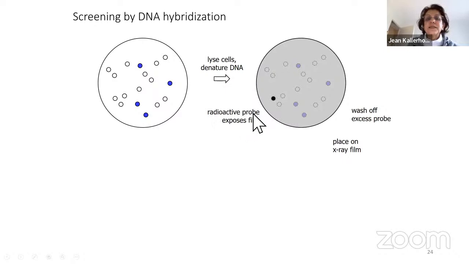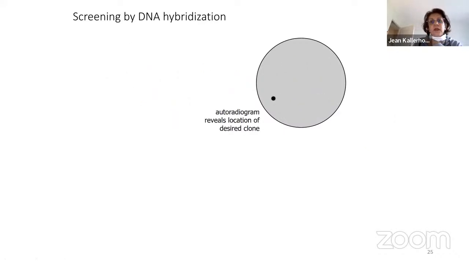It will be a radioactive spot, that is a black spot on your X-ray sheet. So this is a very, very sensitive way for you to detect the colonies that contain the strand, the gene you are looking for.